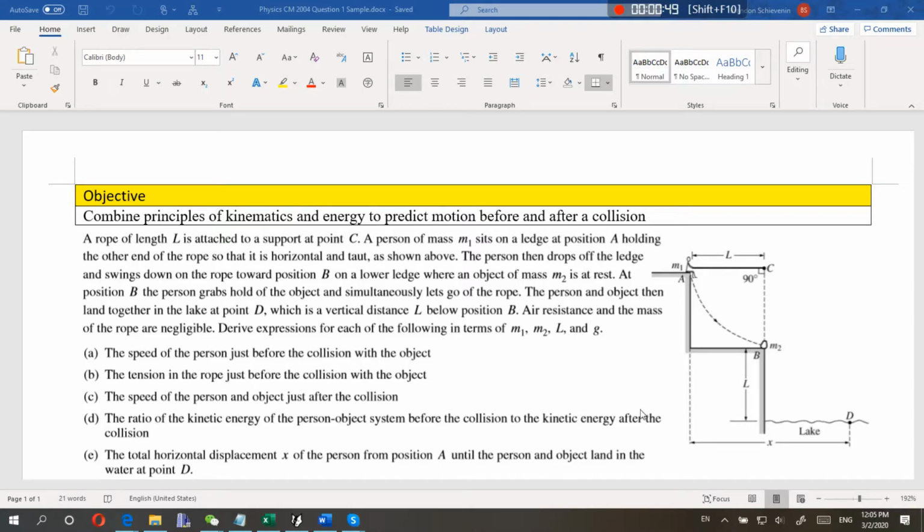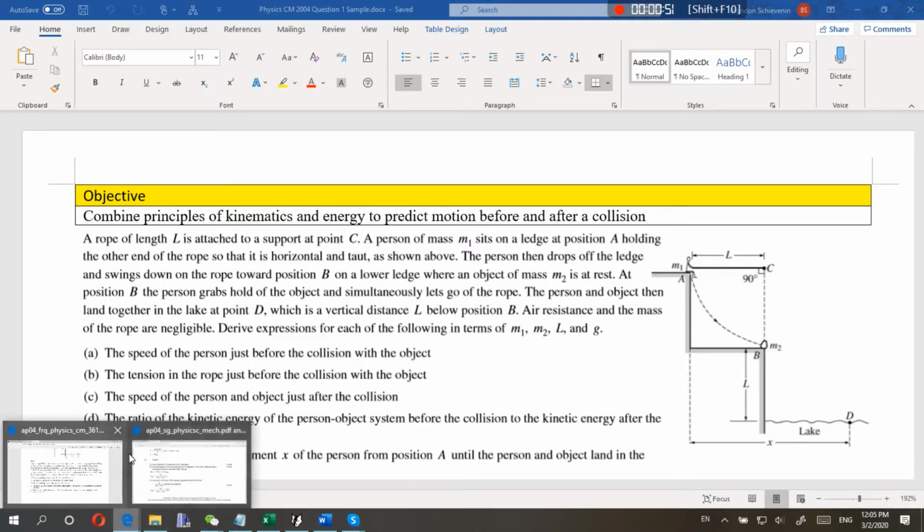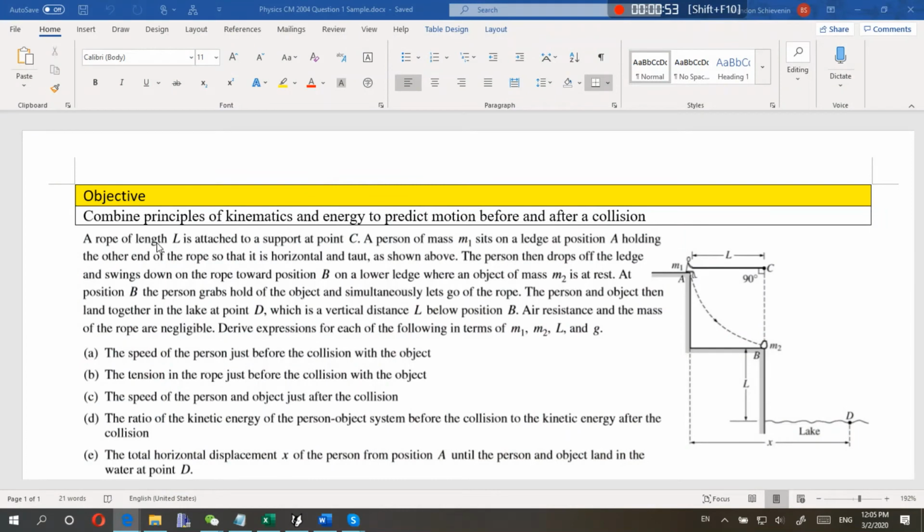Okay, so we've got a rope of length L that is attached to a support at point C. Can you see the picture, or is it too small? I can see the picture. Okay, cool. There's a mass of M1, which is sitting at the ledge at position A, and then he's swinging down from the ledge to position B on a lower ledge, where there's a mass M2 at rest.